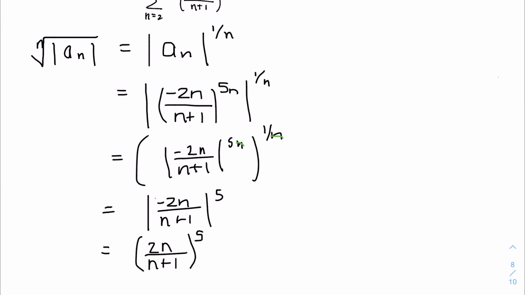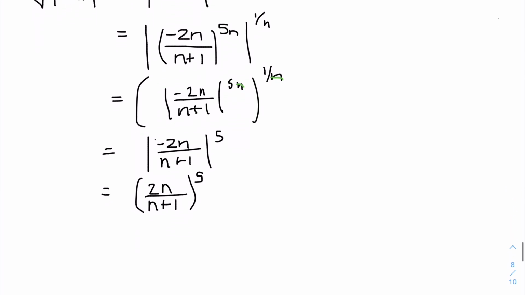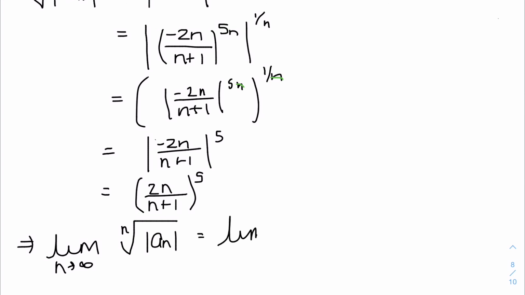Okay. So we want to take the limit as n goes to infinity of this thing. So it's the limit as n goes to infinity of 2n over n plus 1 to the 5th.